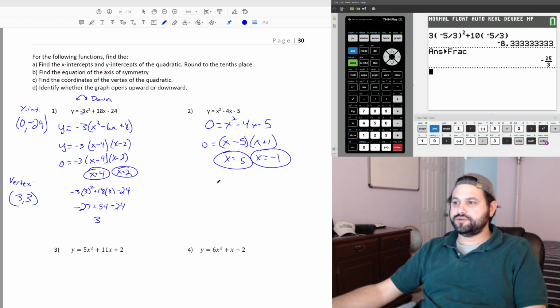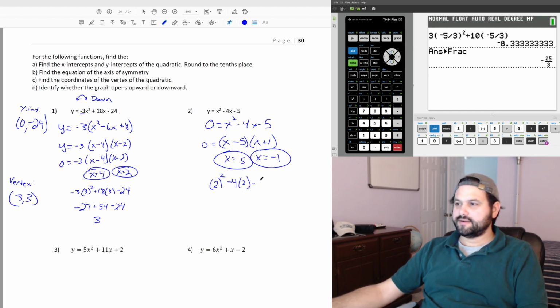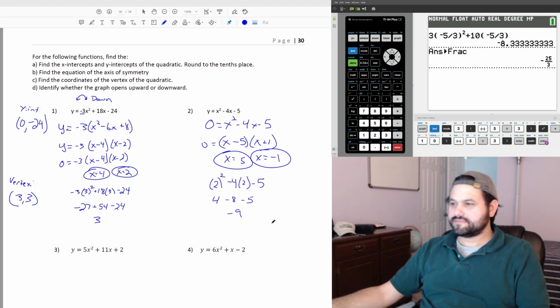So I'm going to plug 2 into the function. And I have a hard time writing 5s, I guess. I don't know what's going on here. There we go. And let's see what we get here. Negative 4 was at negative 9.